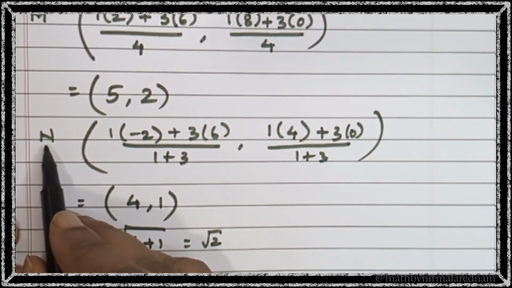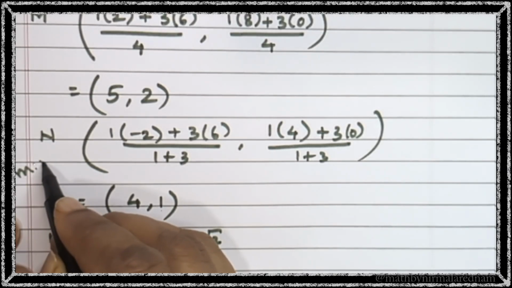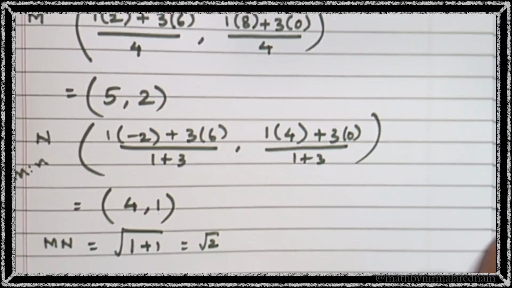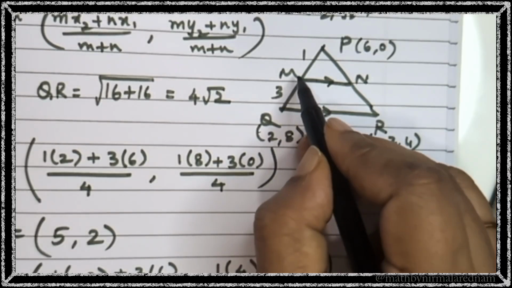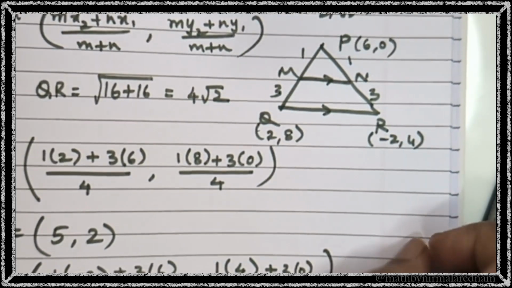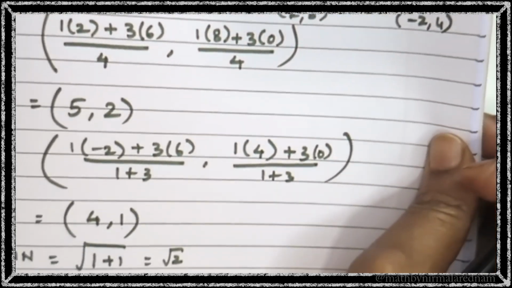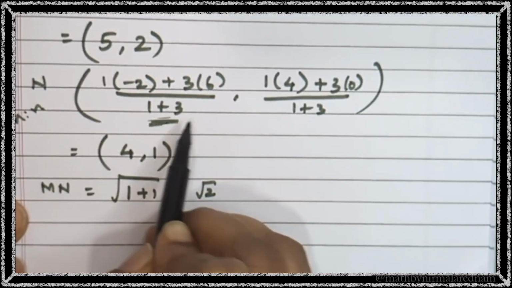Now here, when we were finding N, I'm using the same ratio m is to n. See, the explanation here which has to be mentioned is MN is parallel to QR. That is why if this ratio is 1:3, this is also 1:3. Okay, that is how we conclude that m is to n in this case, MN and here are also 1 and 3, right?